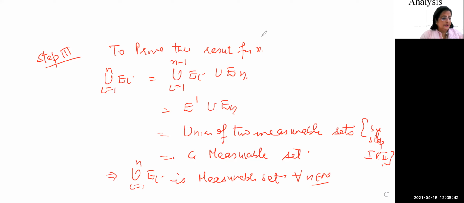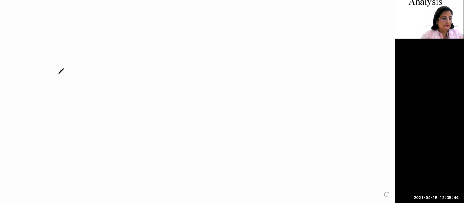Therefore, now we move ahead. We have proved that the union of Ei, i running from 1 to n, is a measurable set.